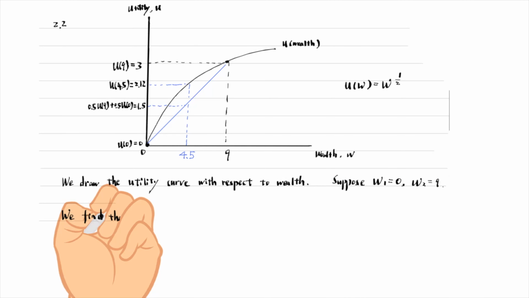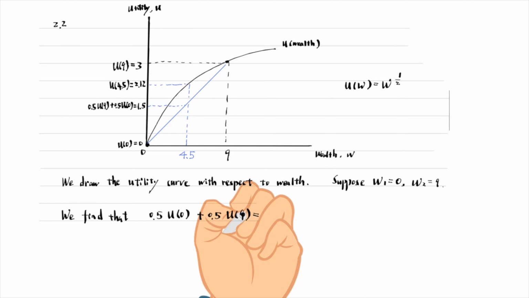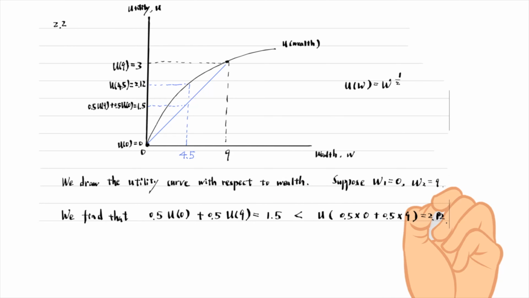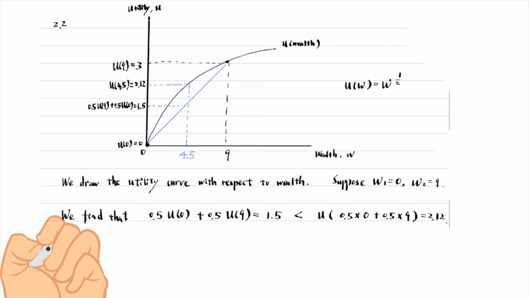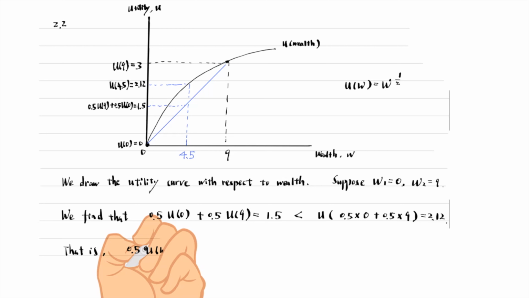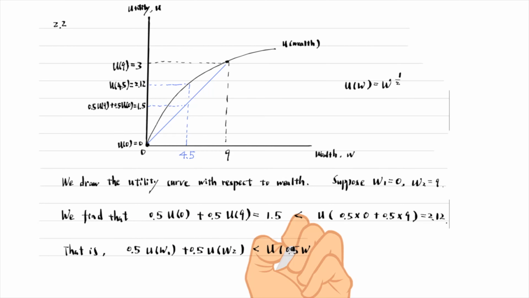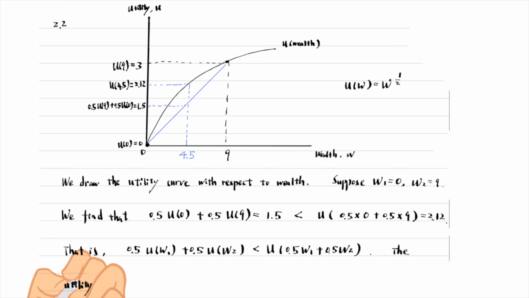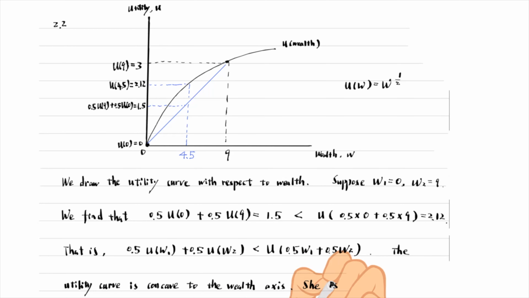The expected utility equals 1.5, which is smaller than the utility of the expected wealth of 4.5, which is 2.12. That indicates the utility function is concave. Jan is risk-averse.